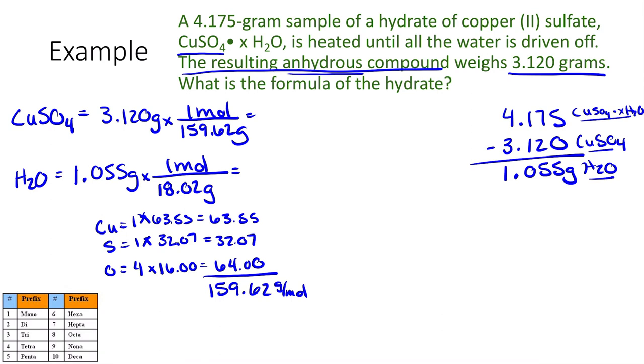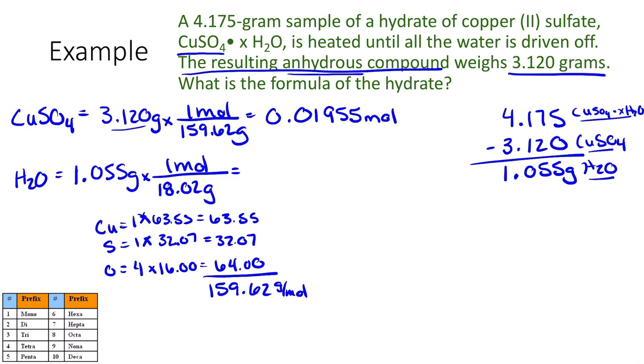So I have 3.120 divided by 159.62. And that tells me I have 0.0, and let's see, I need 4 significant digits, 1955 moles of copper sulfate.